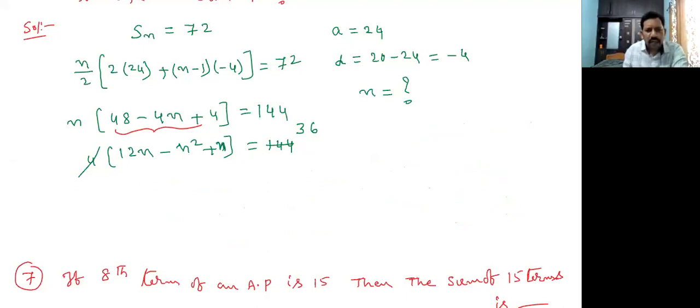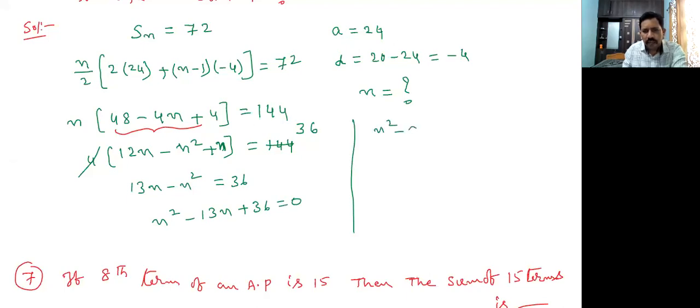Now this is 13n minus n square, that is equal to 36. Those values go to the right hand side. n square minus 13n plus 36 is equal to 0. Now split into factors, we get n square minus 9n minus 4n plus 36 is equal to 0.